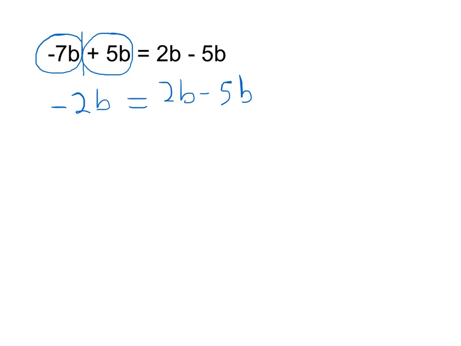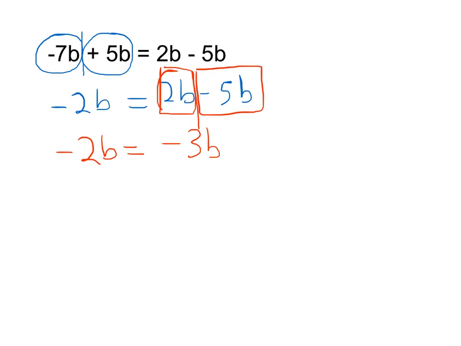Maybe mark these differently over here, because again, you can't just combine them with the left side. So I'd end up with negative 2b is equal to negative 3b. Now, when I look at this, it kind of looks like they're similar, but they're a little bit different.